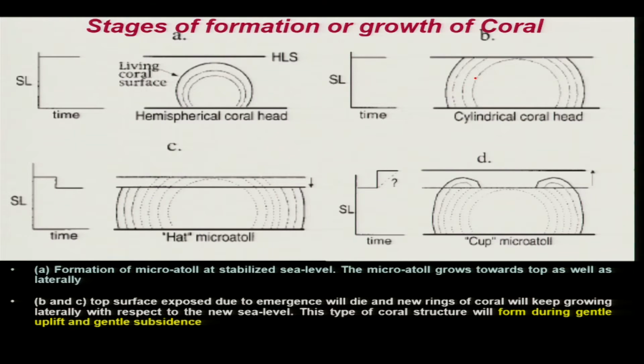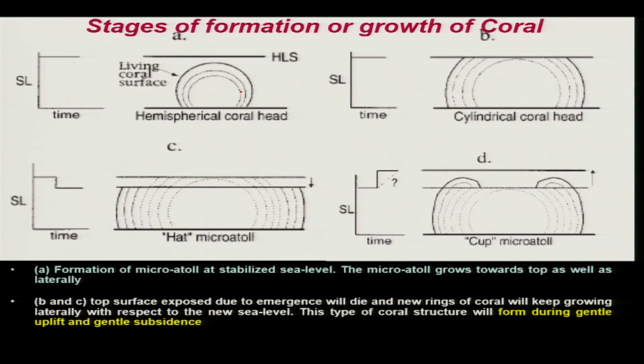If the area is uplifted, the B part here, the top exposed during the emergence, will die, and the new rings will keep on adding up on the lateral side. So usually the corals will grow laterally as well as vertically. So it will keep on developing in the form of rings.